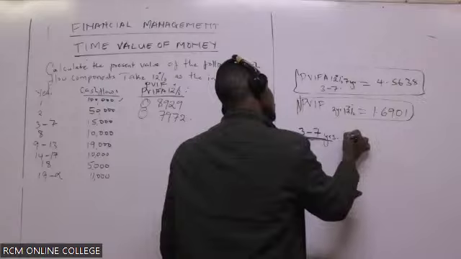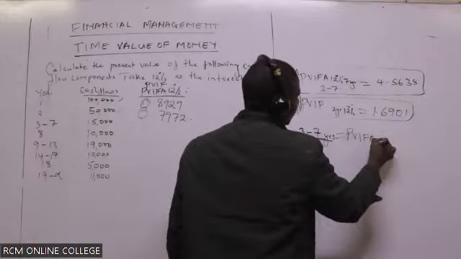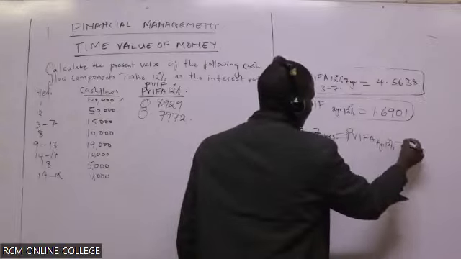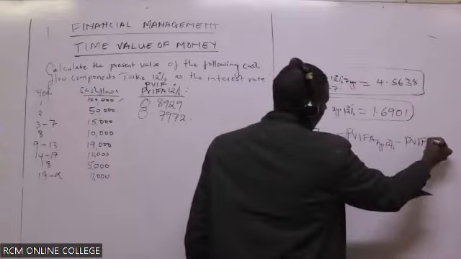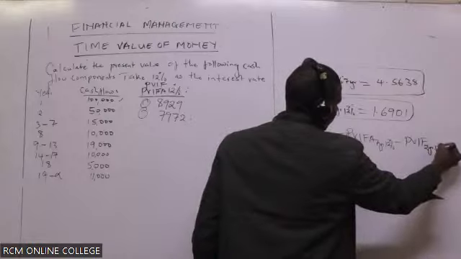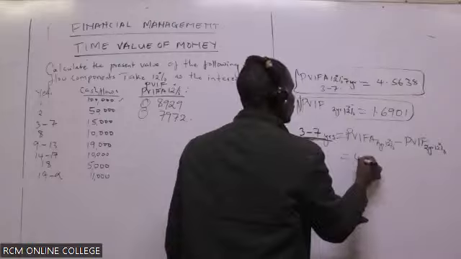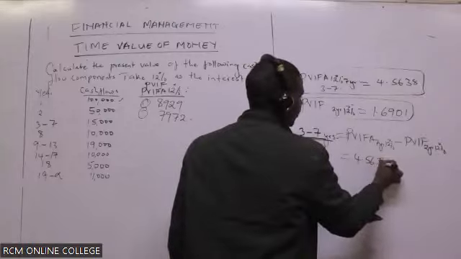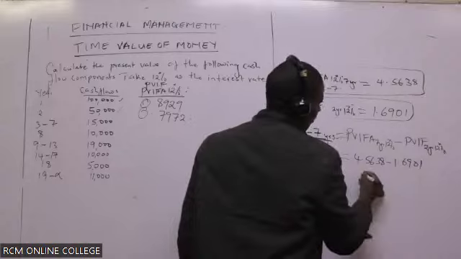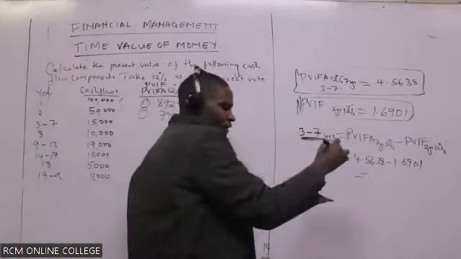So PVFA will be equal to PVFA for the first 7 years 12% minus PV for 2 years 12%. So we have 4.5638 minus 1.6901. Give me the actual 2.8730.